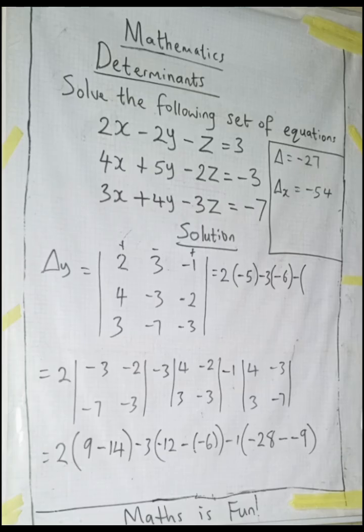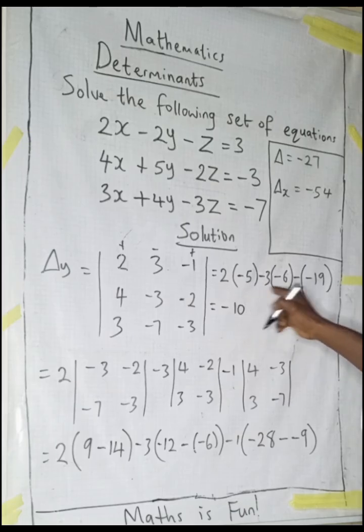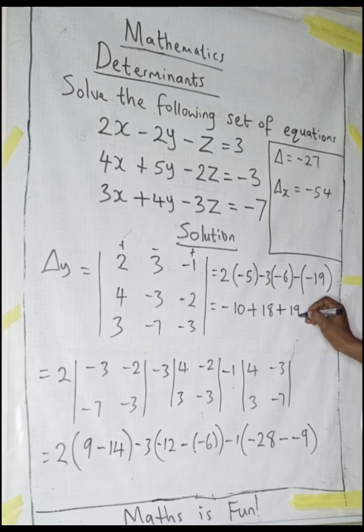So what do we have? Minus 19. Minus 19, right? So what do we have here? Minus 10, multiply, you have plus 18, and you have plus 19. Let's do that.